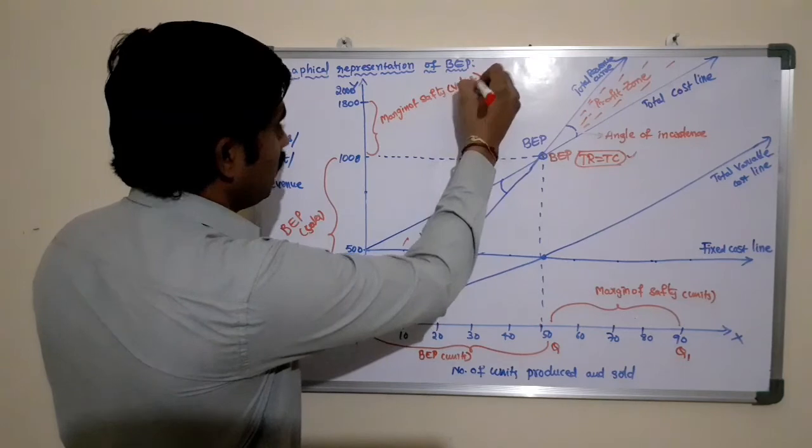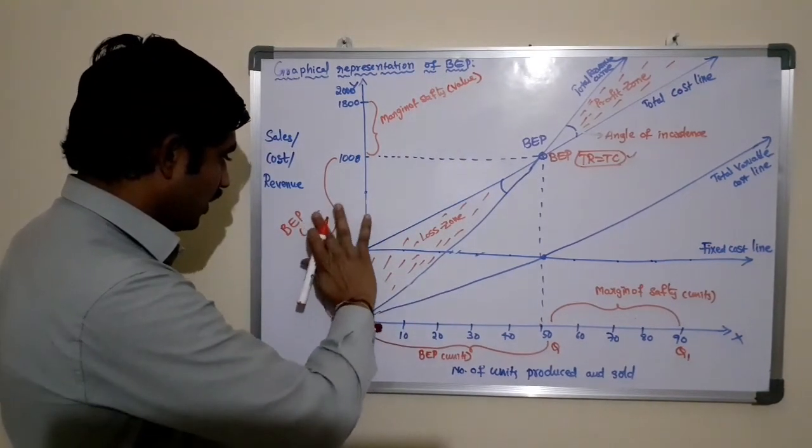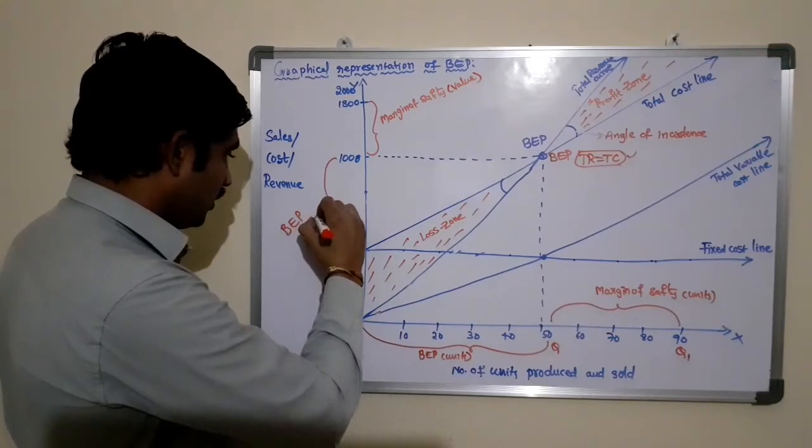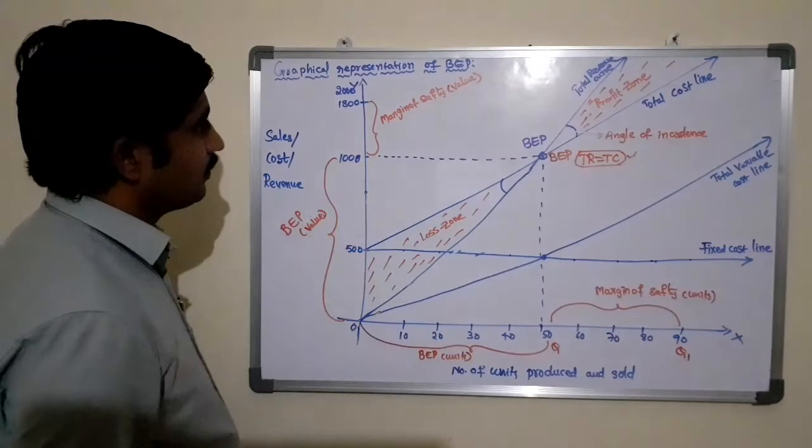Margin of safety in value. This is BEP in sales value. So BEP value, margin of safety value.